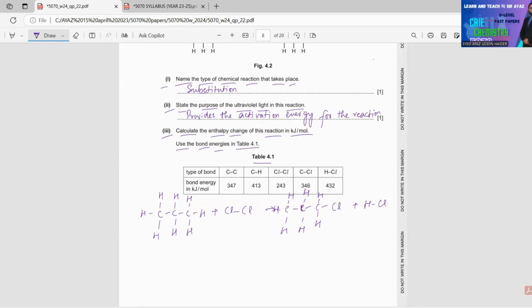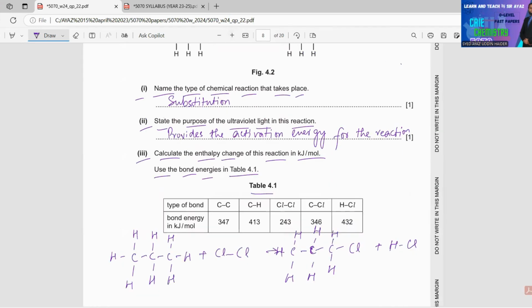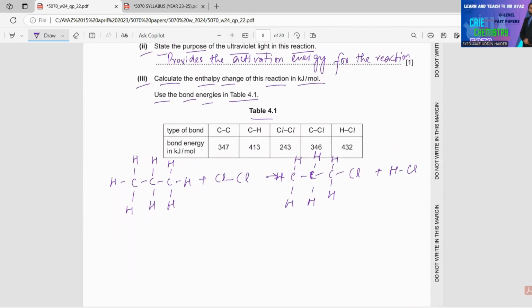You know the formula for enthalpy change. The formula is energy needed to break bond minus energy released to make bond.